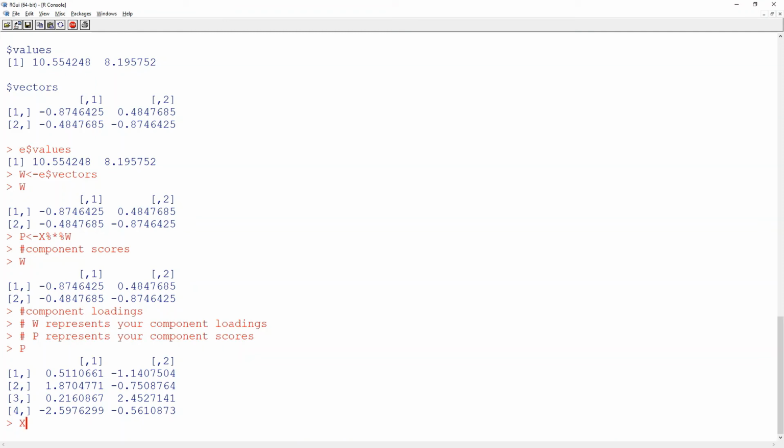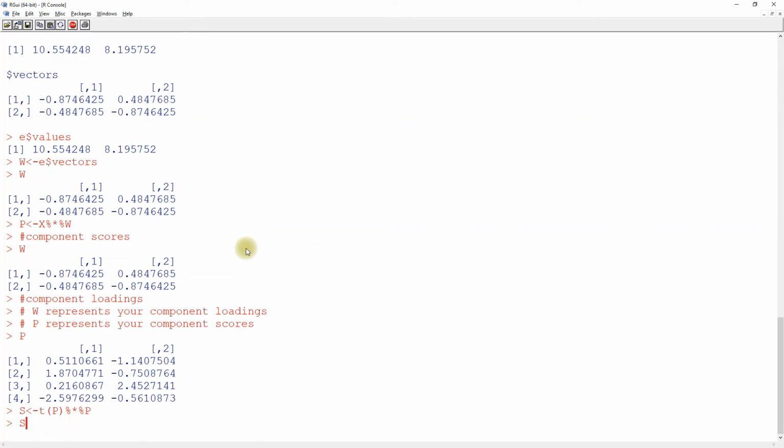We call it S, as you note. And this is P transpose P: transpose of P multiplied by P.